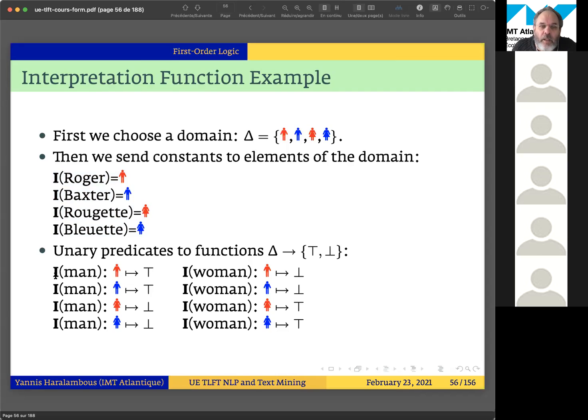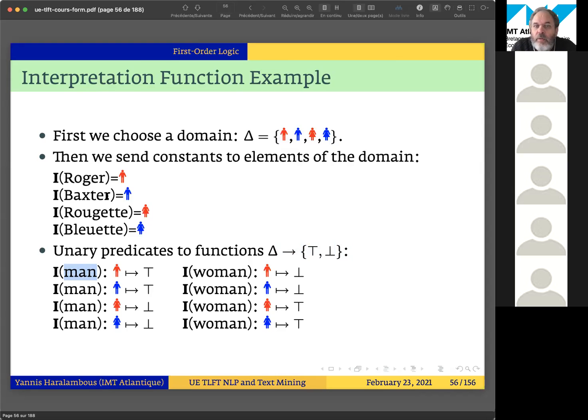I'm sending predicates, man and woman, to functions going from the domain into true or false. So this means true, and this means false. So I of man is a function. How do I describe a function?